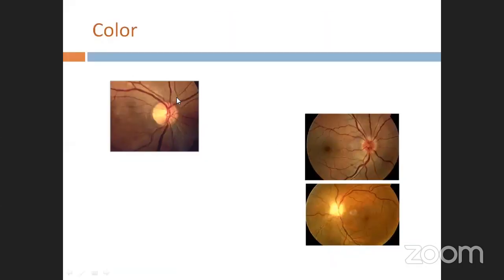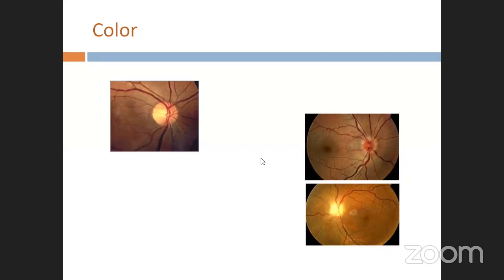Here, this is the normal disc, pink in color. The temporal side is slightly paler than the nasal side. This is a normal finding. And this is a hyperemic disc, and this is a pale disc. So the color of the disc is important. Examine the color of the disc.